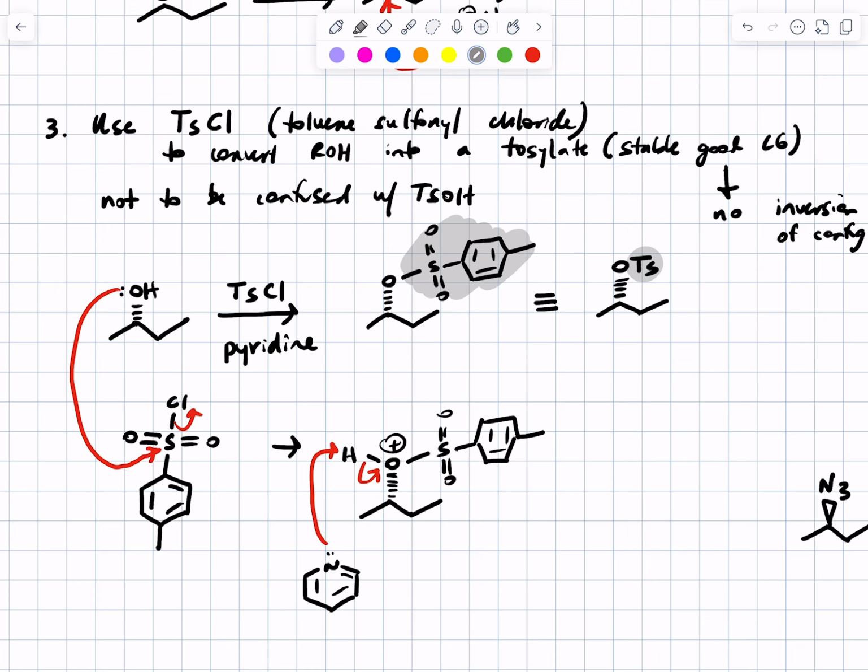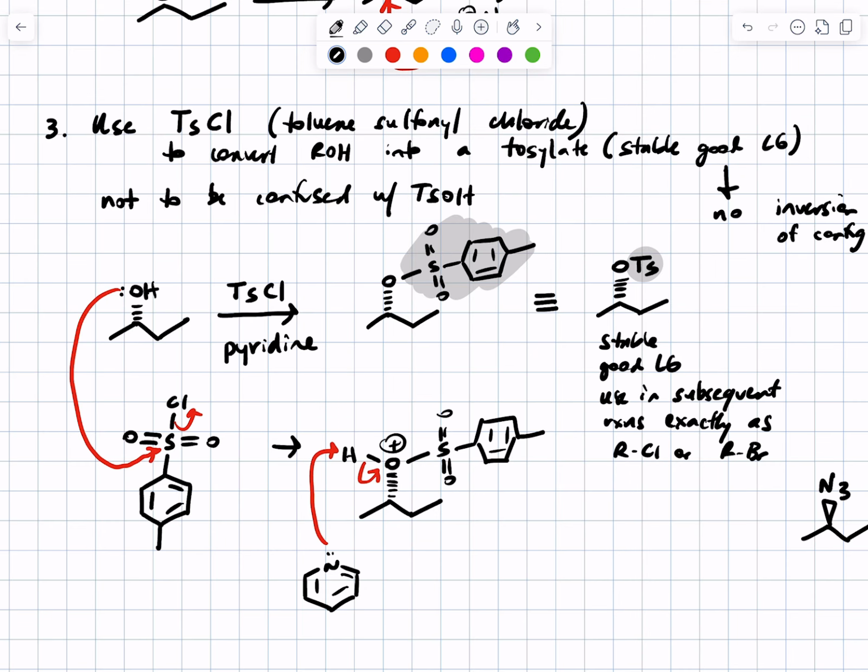Now, this is stable. It's a good leaving group, and you can use it in subsequent reactions. You can use it exactly in the same way as an alkyl halide.